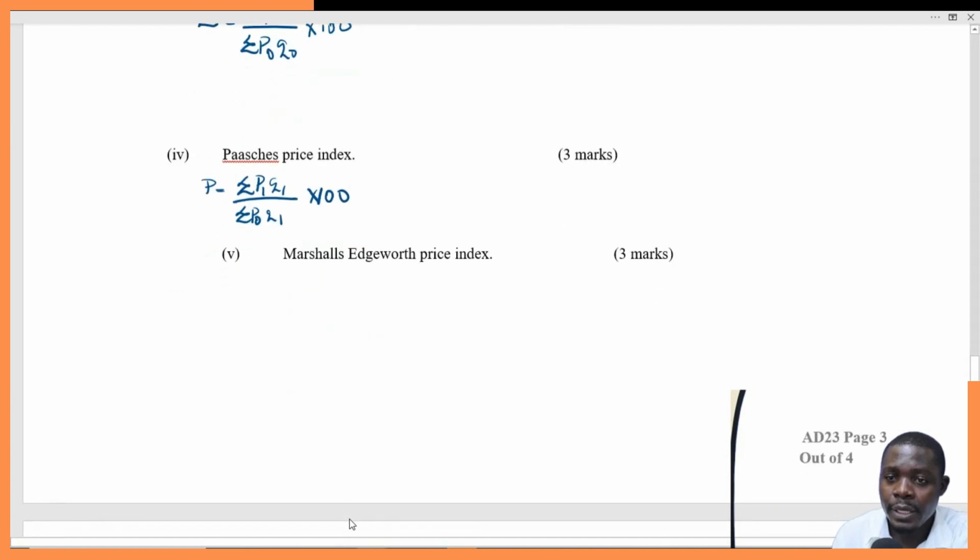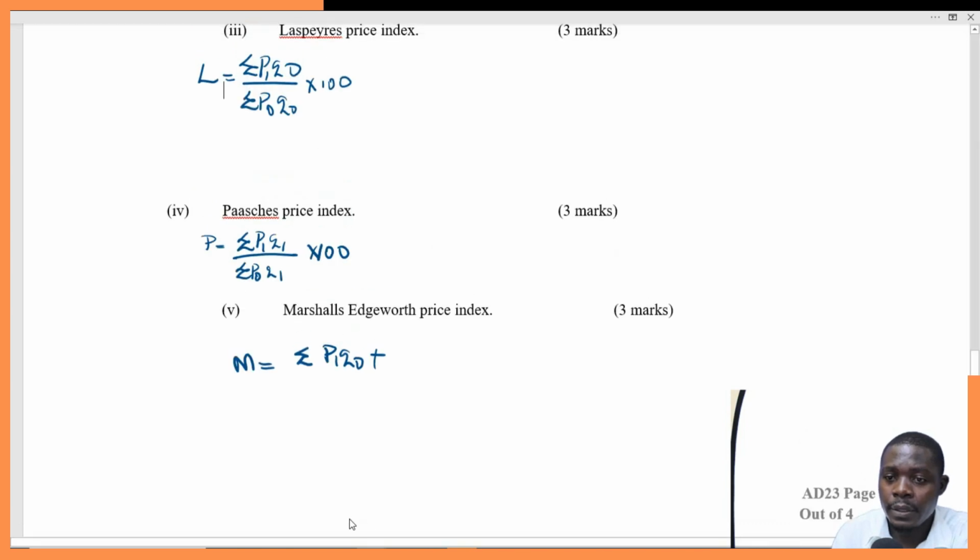Then eventually Marshall Edgeworth, let me also write the formula. The formula will be the summation of P1 Q naught plus the summation of P1 Q1, everything over the summation of P naught Q naught plus the summation of P naught Q1.